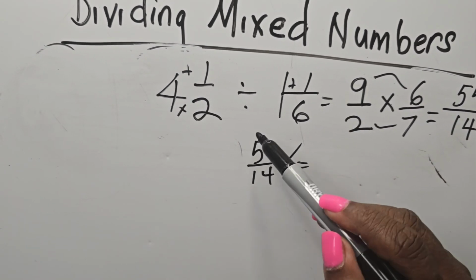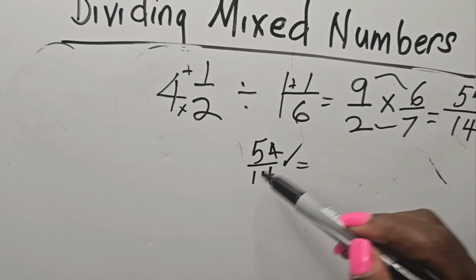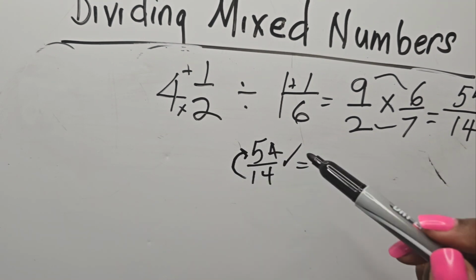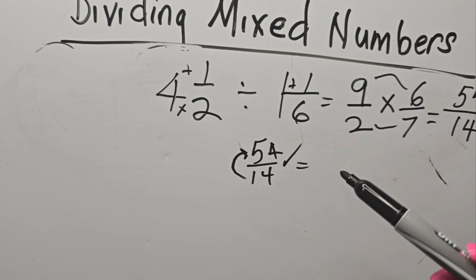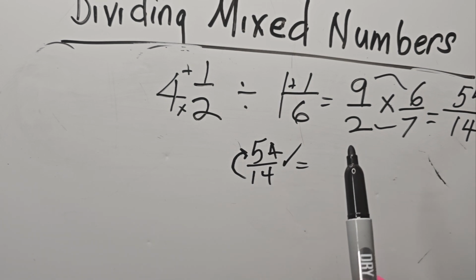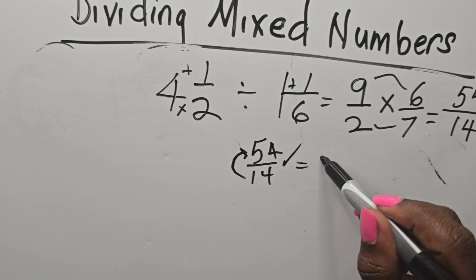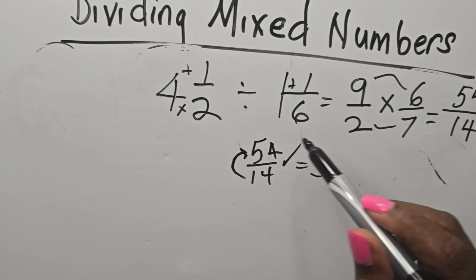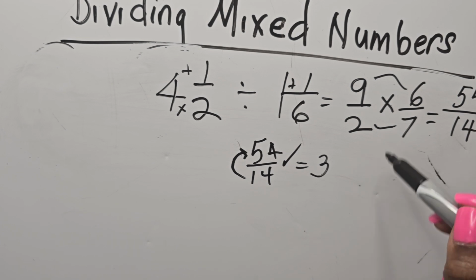Sometimes you could think of a factor. If there are no factors, I usually just do this. How many times can 14 go into 54? I have to think. 3 times. 14, 14, 14. It goes 3 times. That's 42. And then you have around 12 left over.